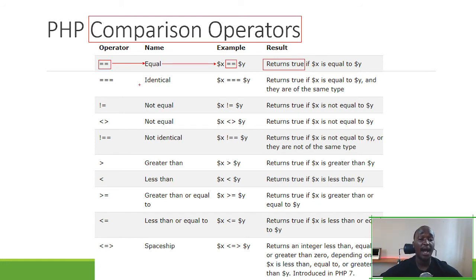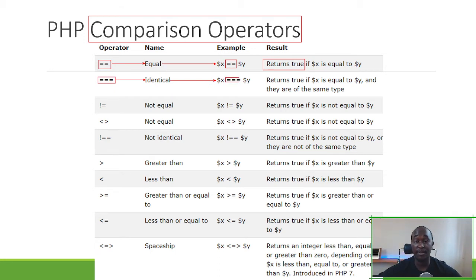Now, other than equal, another one that is almost similar to equal is the identical. I want to give you this again as a reading assignment. Can you try and find out the difference between equal and identical?